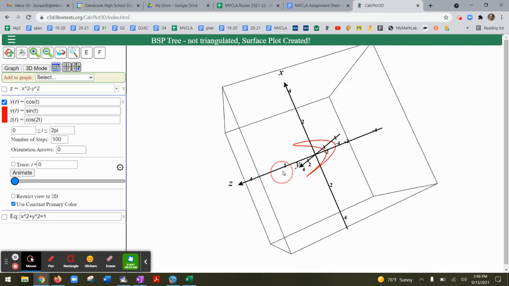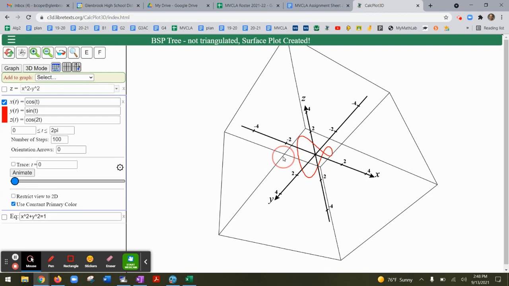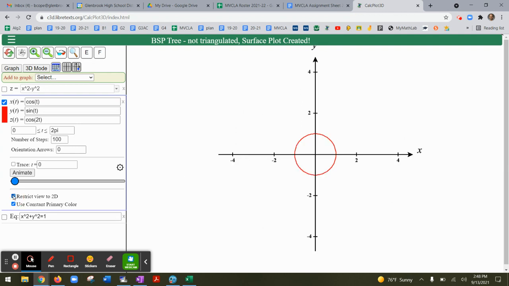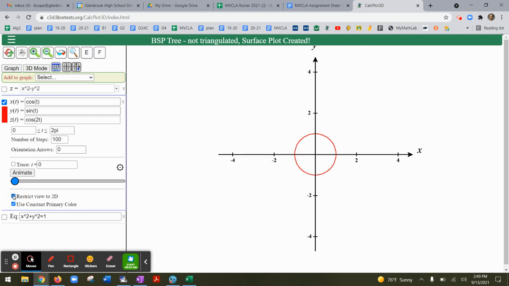That does look more Pringle-like, yeah. You're right. You would need to etch out the inside so you could actually see it. Okay? And then look, the 2D thing is kind of cool too, isn't it? Look, you got a circle on there. I just wish we could see it on the other axes, and I don't know of a way to do that. It's only showing us looking at the XY.